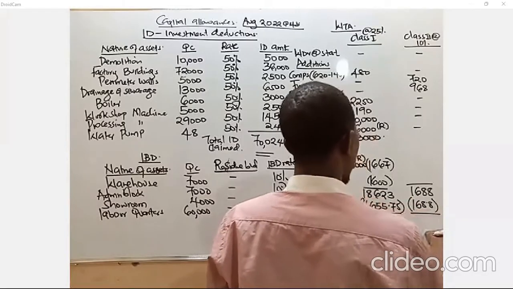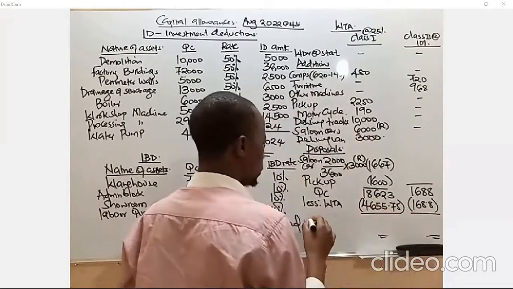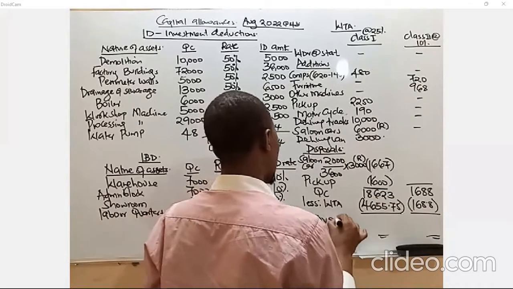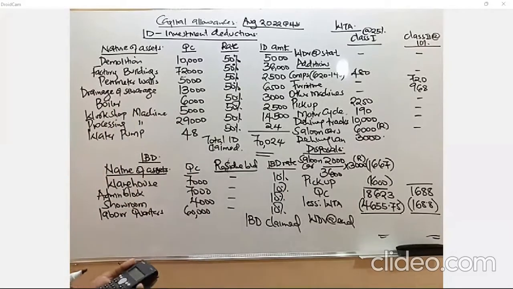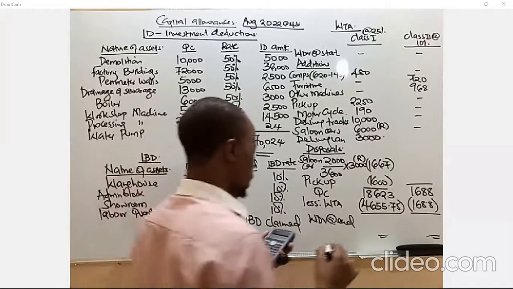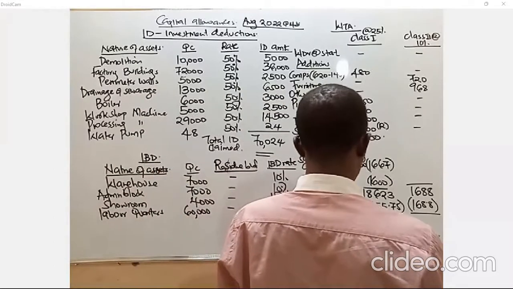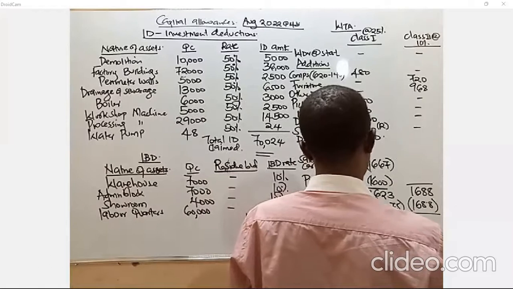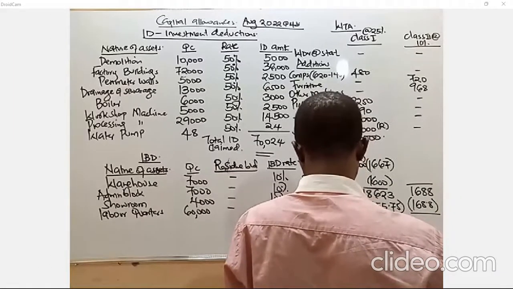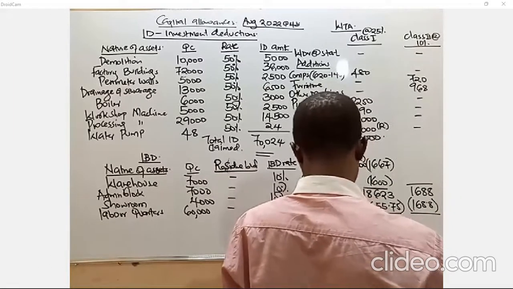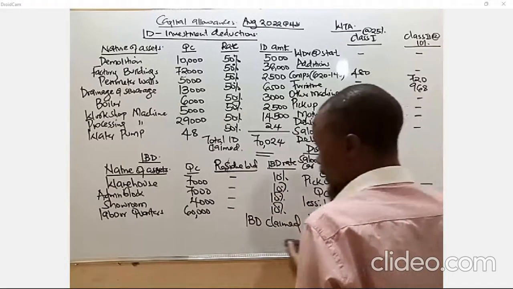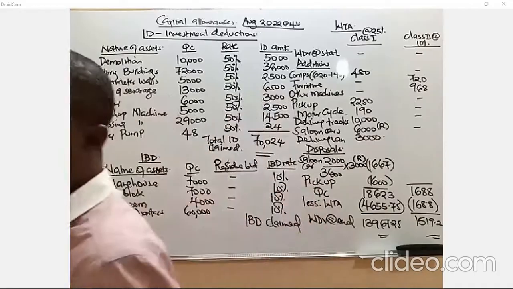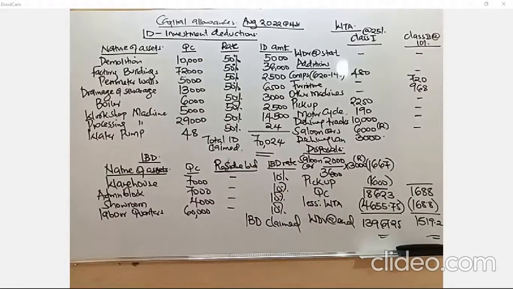What you're supposed to be getting down here is normally called the written down value at the end. So 18,623 minus my answer here, getting 13,967.25, then 1688 minus 168.8, we are getting 1519.2.